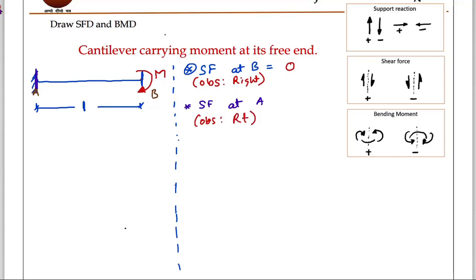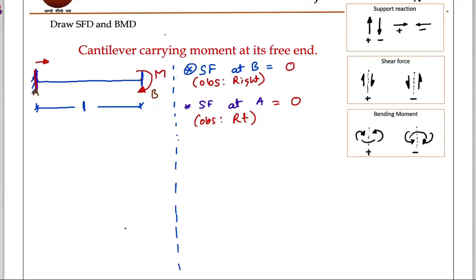Take this point and see this side. What forces are you seeing? How many forces are there here? No vertical forces. The shear force definition says it is the summation of vertical forces. No vertical forces here. Therefore, this is also 0. Now point A and point B are both determined.